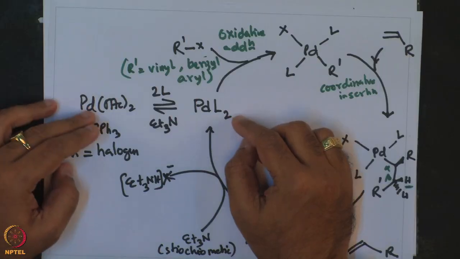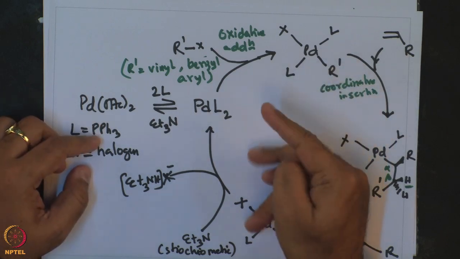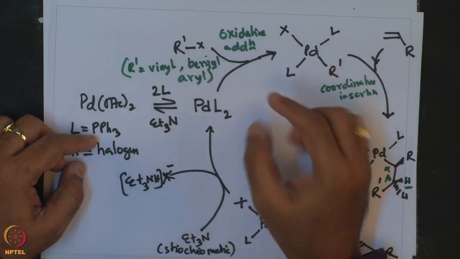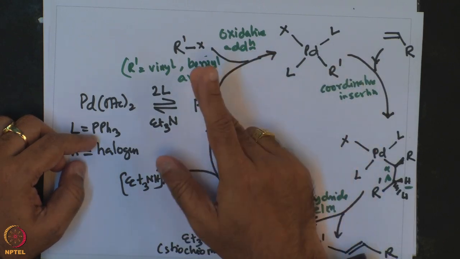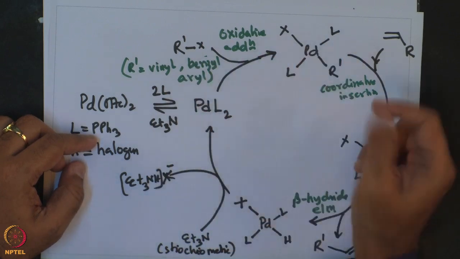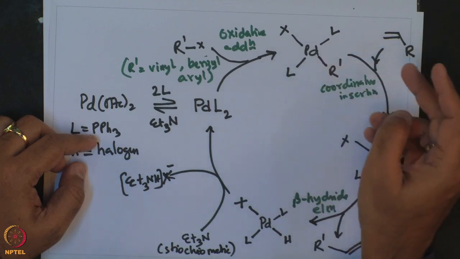The first obviously involves the formation of palladium 0 species from palladium acetate in presence of phosphine, and then the palladium 0 species undergoes oxidative addition with R dash X, R dash can be vinyl, benzyl, aryl group. Once it has undergone oxidative addition, it has become a palladium 2 species.